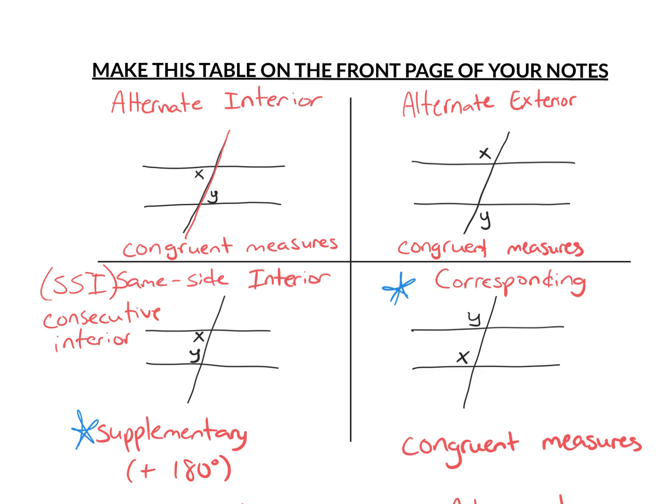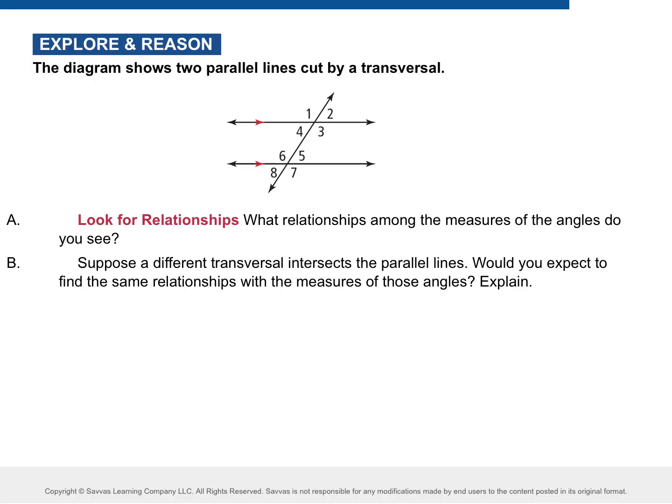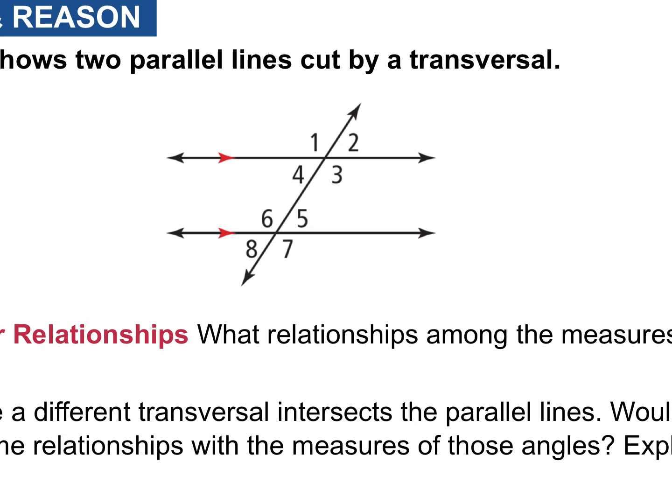Okay? Go ahead and flip your notes to the second page, example 1. Okay, we're going to do number 4. Okay, I'm going to give you one part of this diagram. If I tell you angle 1 is 120 degrees, I want you to go find all the other angles. Just knowing that angle 1 is 120 degrees.